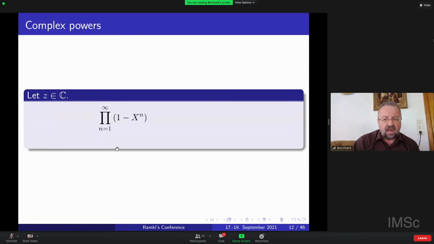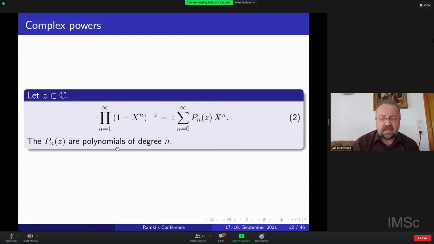Okay, so as already indicated, instead of just putting to the power of r, let's put it to a complex number and look at this definition. And it turns out, as I already indicated in the recursion formula, that these coefficients are now polynomials in this variable, and they are actually of degree n.